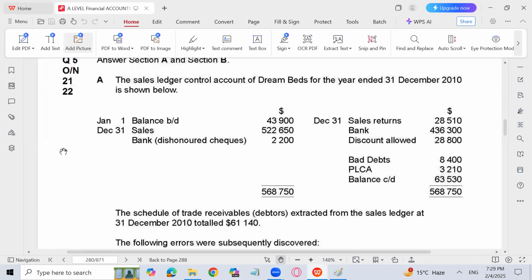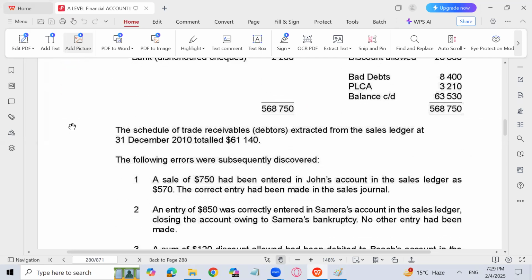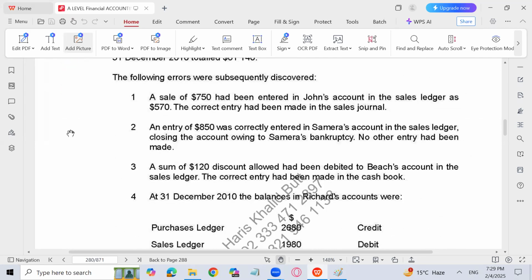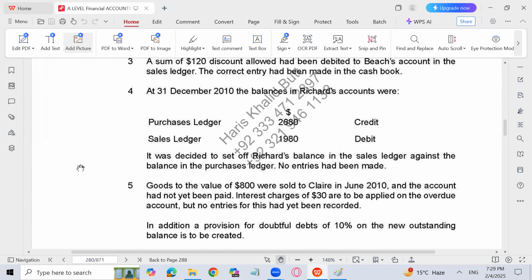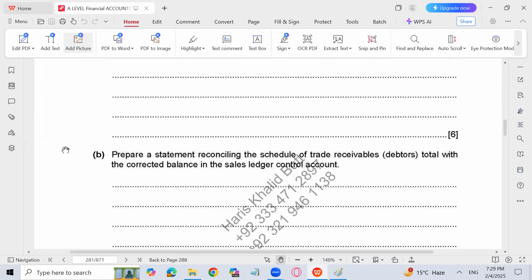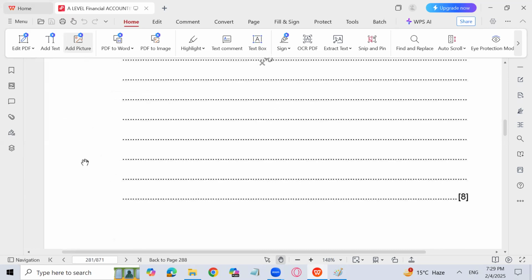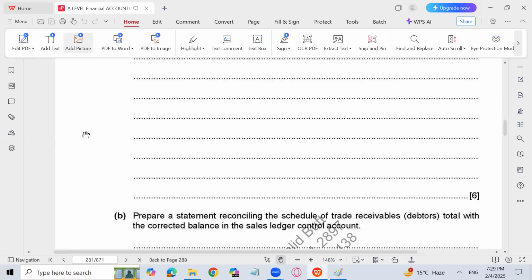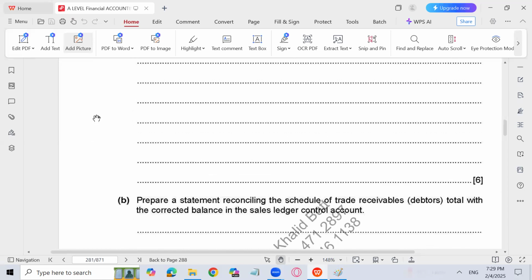This is October, November 13, 22. This is wrong actually. Control account balance is given 63350, 63530. Total of individual is 61140. And these are the entries which you have to go through, and you have to prepare the corrected sales ledger control account, and then the statement to reconcile the sales ledger balance.